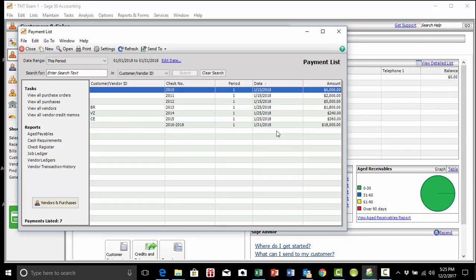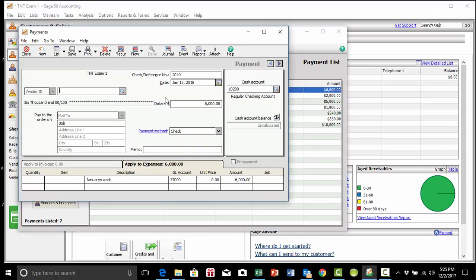And let's see which one I want to select. Which first one? 2010. This was the payment to Bob, the accountant. So let's just double click on that. And as I told you, these are not vendors. So we just put their name in here, in the name line. Can't put it in the vendor line because they're not vendors.